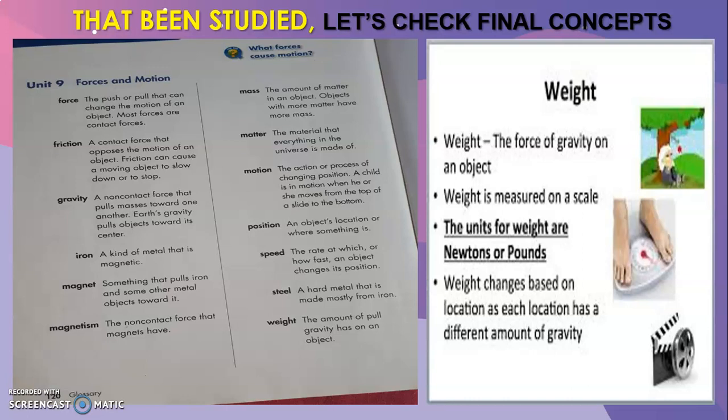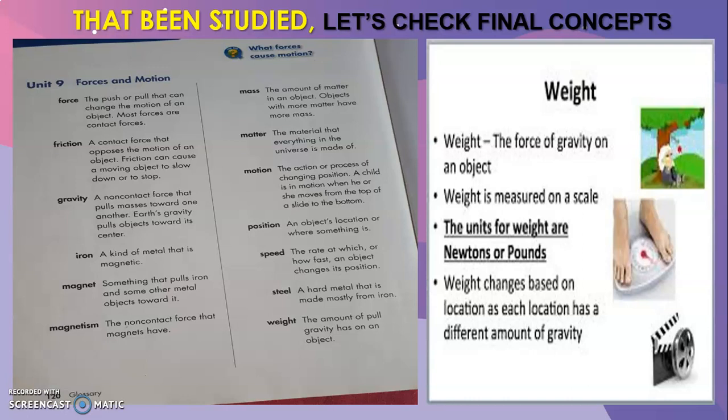For instance, at the World Cup of soccer, they play on a special grass, so it produces less friction than playing on an irregular surface, right? That is friction. Now we have gravity and iron.